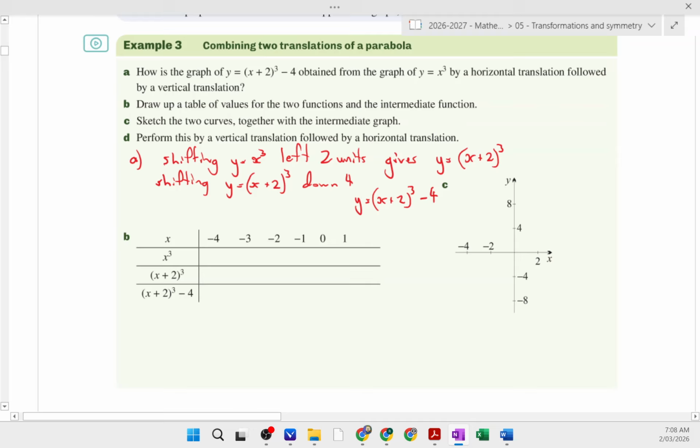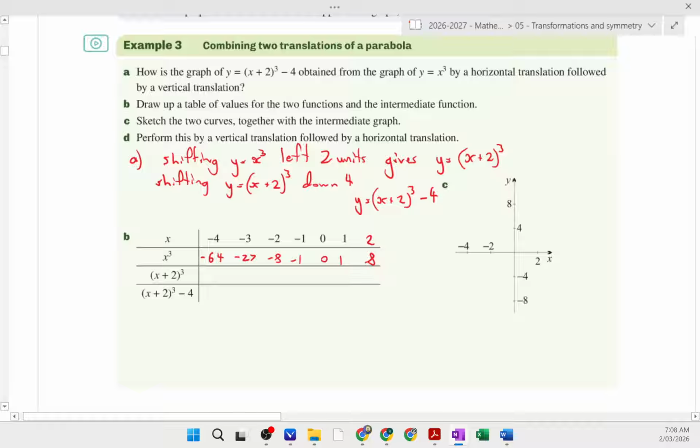Now we've got a table of values that we're going to fill in with the stuff we've got on the left. So minus 64, minus 27, minus 8, minus 1, 0, 1, and if I added a 2 there, I'd have 8.